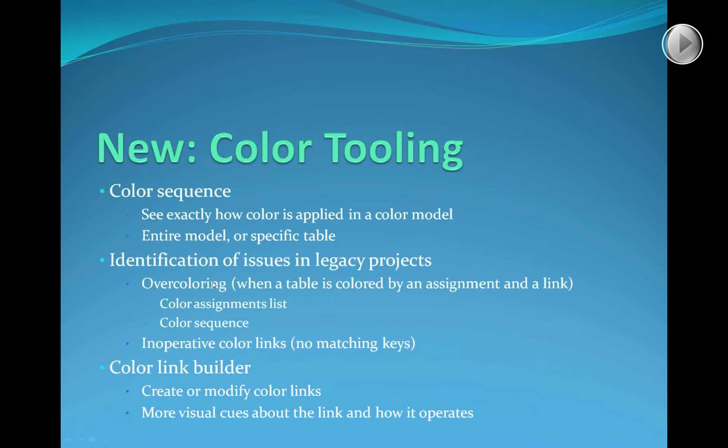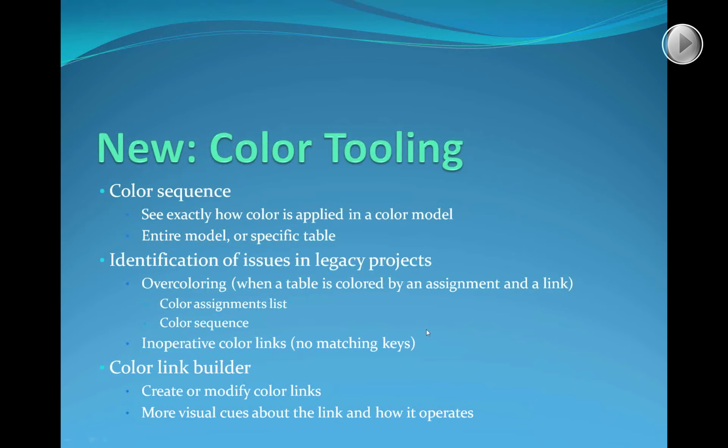Overcoloring is something that could happen in projects prior to 6.0, and that's when a table is colored more than once. That could either be if you assign a color to a table and then inadvertently assign that table to be the target of a color link that's colored twice.